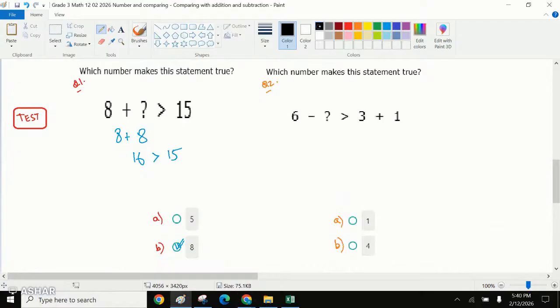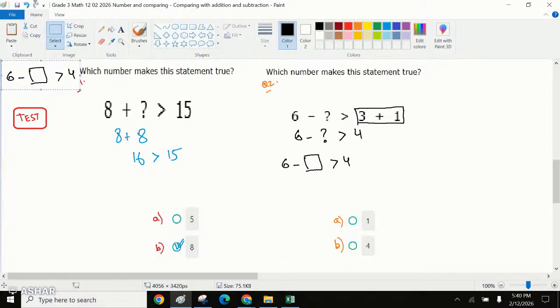See, this can be written as 6 minus a number should be greater than 4. We can simplify this, right? So 6 minus 1 is 5. Again, see, if I say 6 minus a number should be greater than 4, agreed?